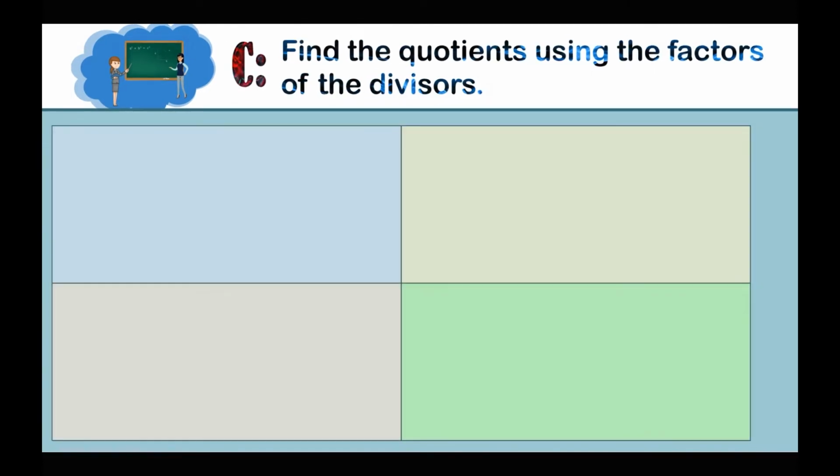Find the quotients using the factors of the divisors. Number 1, 588 divided by 49. Number 2, 810 divided by 54.